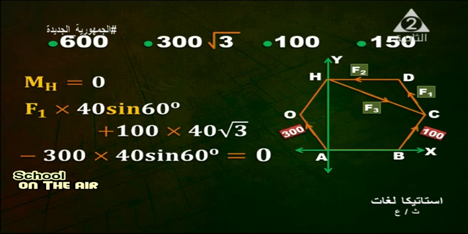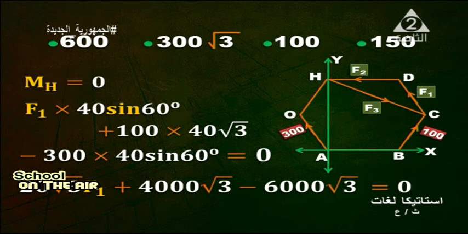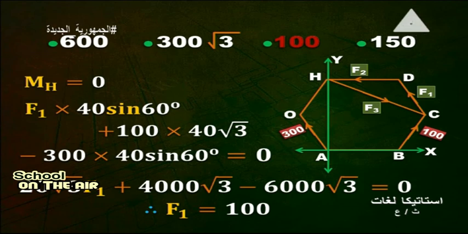Then, my dear student, the force F1 is calculated by using summation of 4,000 root 3 minus 6,000 root 3 equals negative 2,000 root 3, divided by 20 root 3, F1 equals 100. This example is very important.